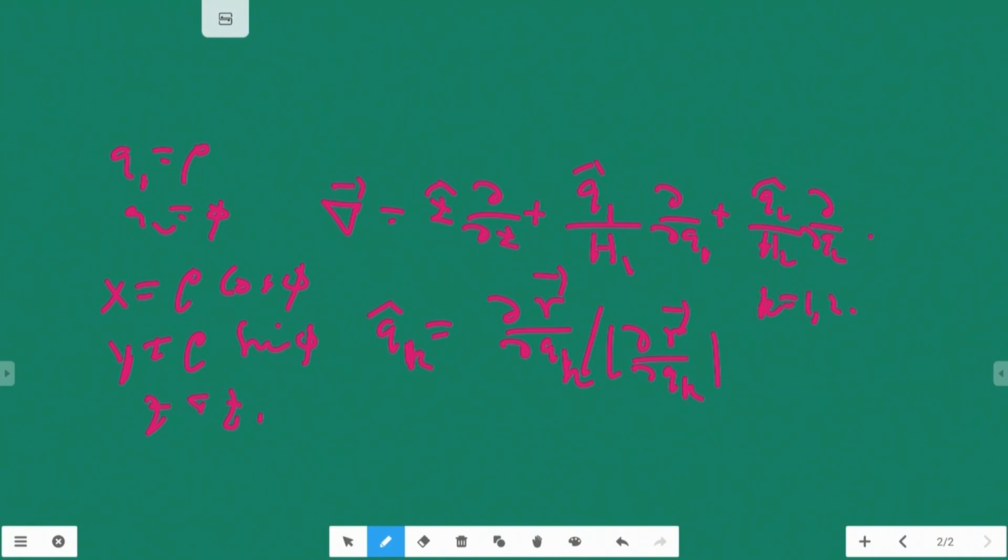In general, you choose an orthogonal curvilinear coordinate system to calculate the modes for any given shape of the boundary of the cavity. You can also use the fact that, since it is an orthogonal curvilinear coordinate system, if you look at the constant surface qk equal to constant and look at the normal direction to that, then that gives you the unit vector along that direction.